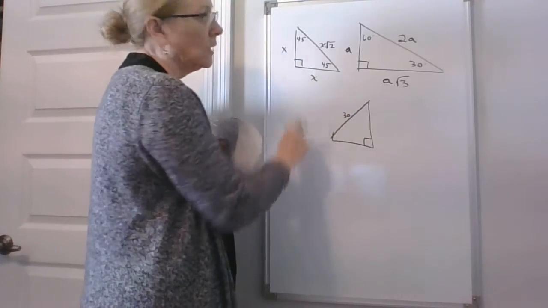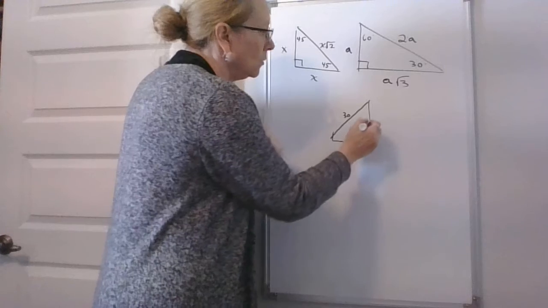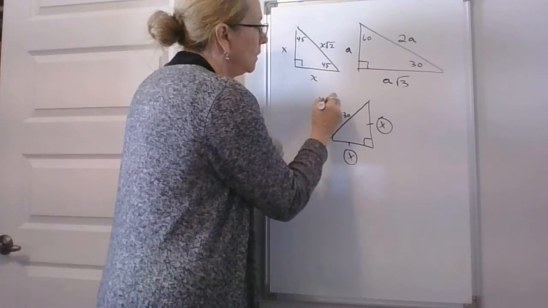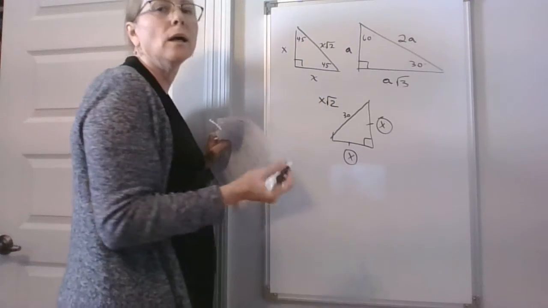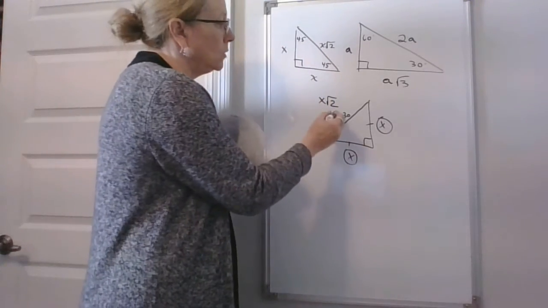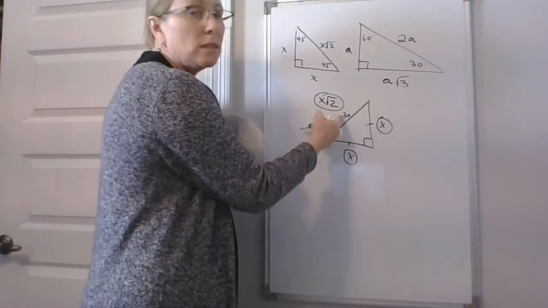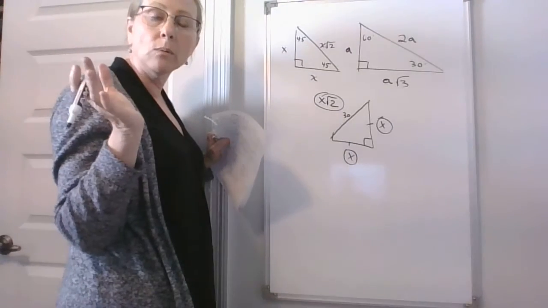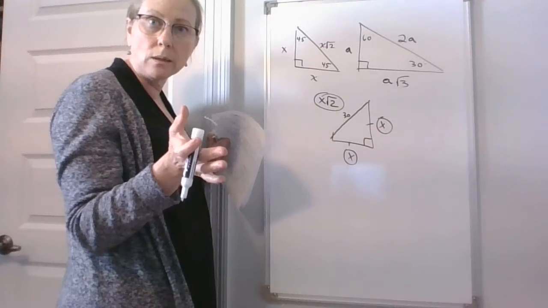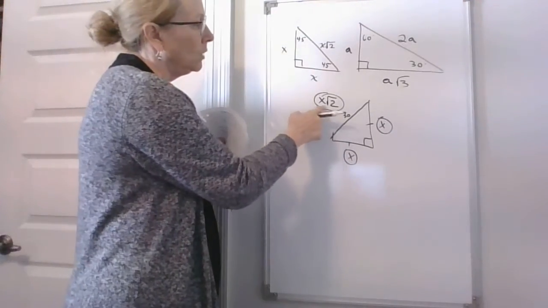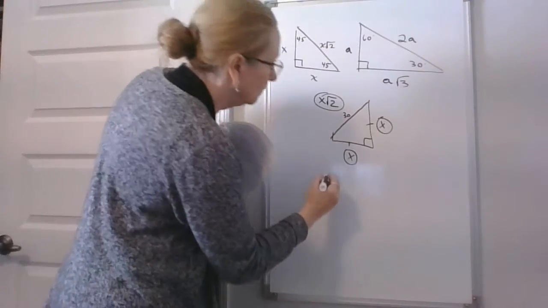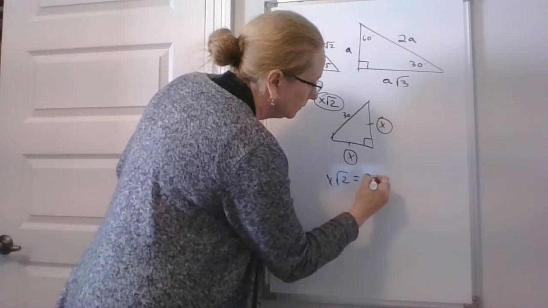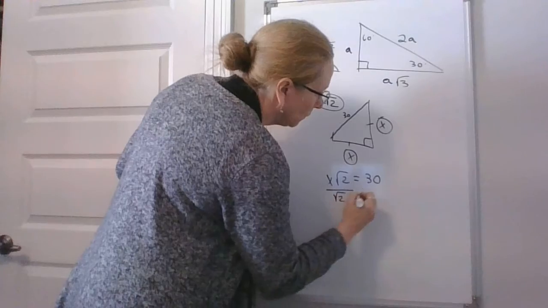And we're going to treat it just like a 45, 45, 90 because these are equal sides, x and x. Those are our formulas. So this is x root 2. Okay, so x root 2, this formula, is equal to 30. So very much like we did when we had a whole number equal to the x root 3 side, we have a whole number equal to the x root 2 side. So x root 2 equals 30. We divide by root 2.